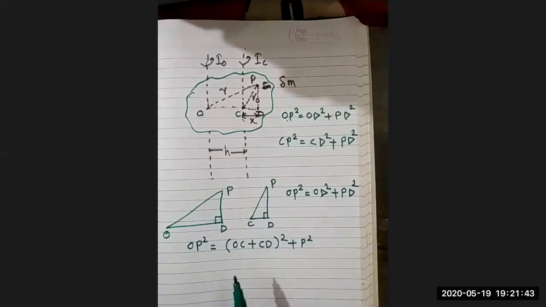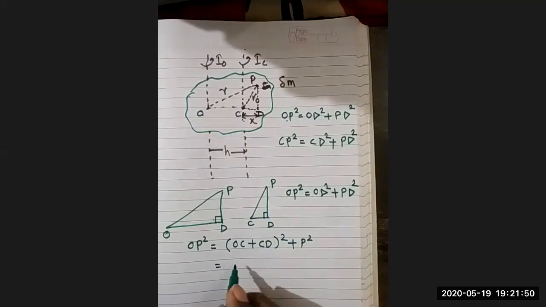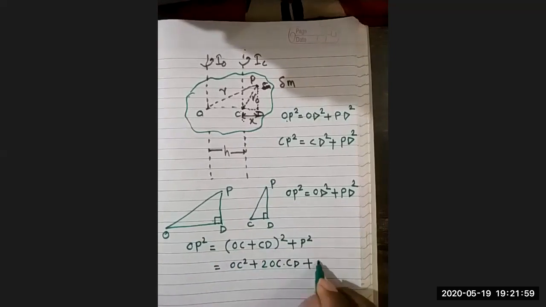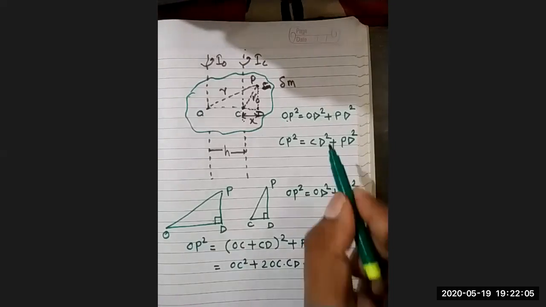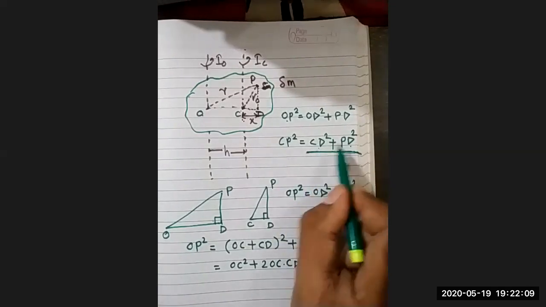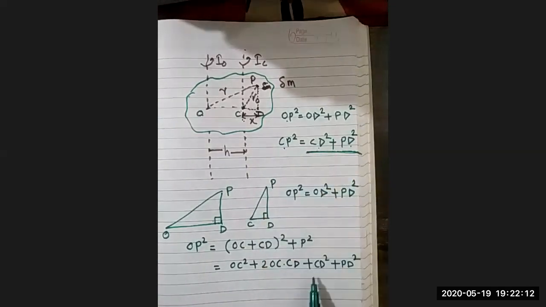In mathematics, (a plus b) whole square is a square plus twice ab plus b square. So that is OC square plus twice OC into CD plus CD square plus PD square. From the second smaller triangle, CD square plus PD square is equal to CP square, so we can write CP square.